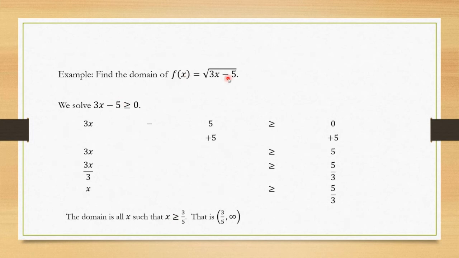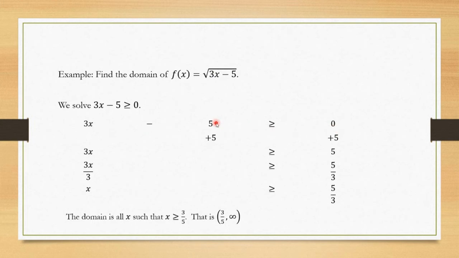What about this one? The domain, well, again, here we have a square root. We want all x such that the radicand here, what you're taking the square root of, is non-negative, right? So in this case, we want all x such that 3x minus 5 is bigger than or equal to 0. So we get those inequalities again we have to deal with. That's not so bad. We just solve an inequality for x, right?